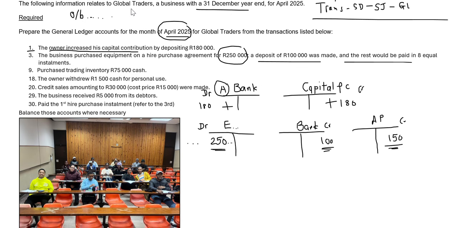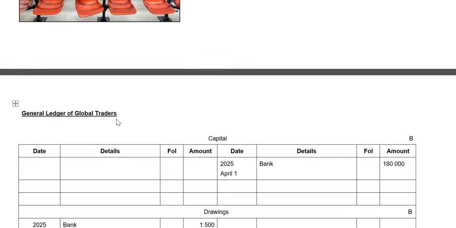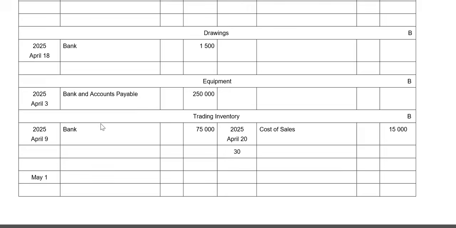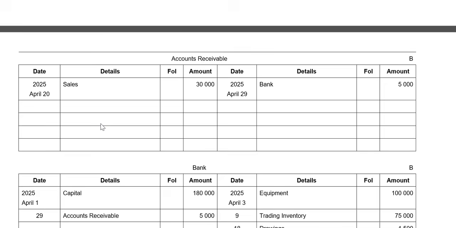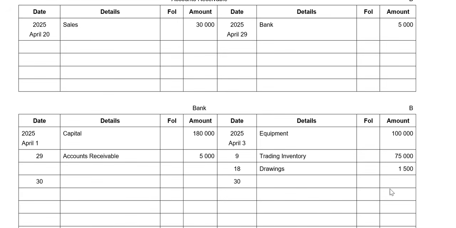If we're paying, the one account that will be affected is bank. And the contra account is accounts payable.